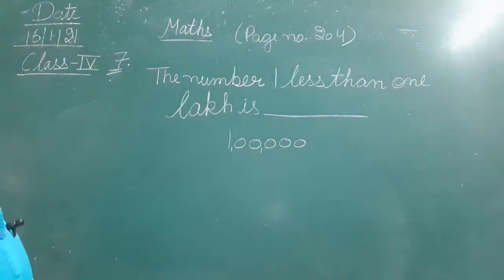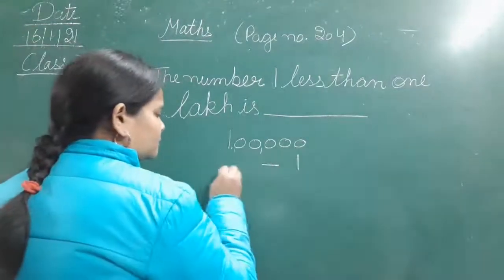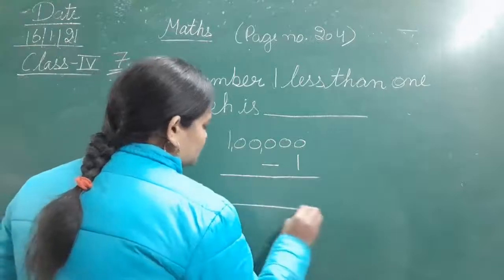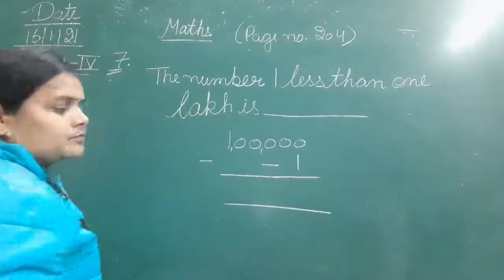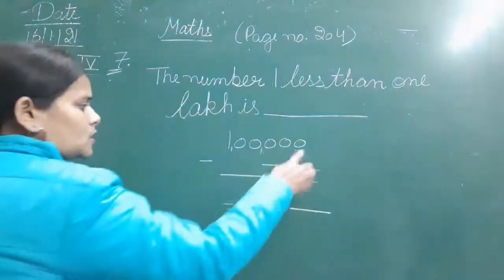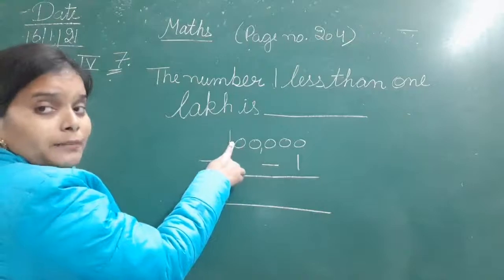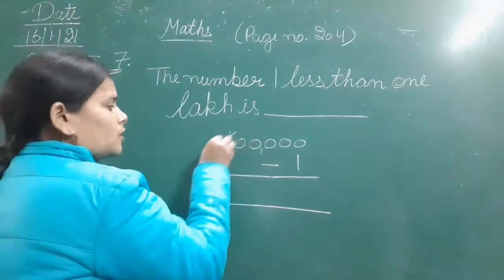Here we have to find out what number we get if we subtract 1 from 1 lakh. So let's subtract 1. Minus 1. Can you subtract 1 from 0? No. So we will borrow from here.